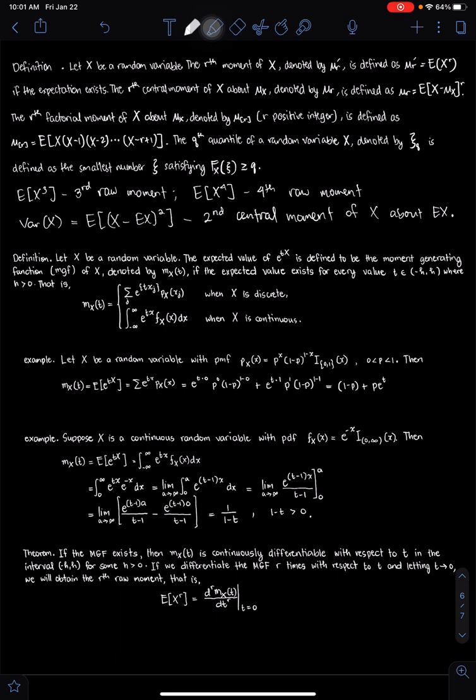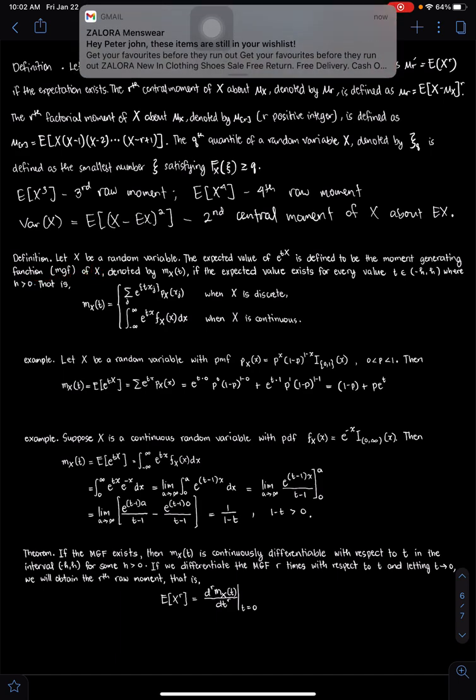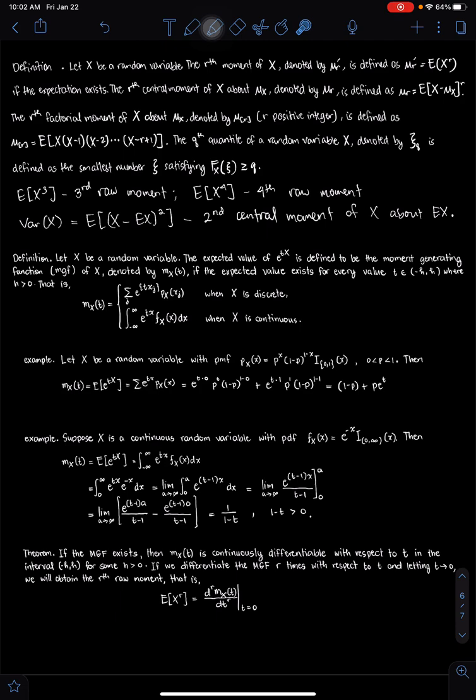Okay, so we now define the moment generating function, or MGF, of a random variable X. Okay, so the expected value of e to the tX, the expression e to the t times the random variable X, is defined to be the moment generating function of the random variable X, and we typically denote it by small m sub X of t.